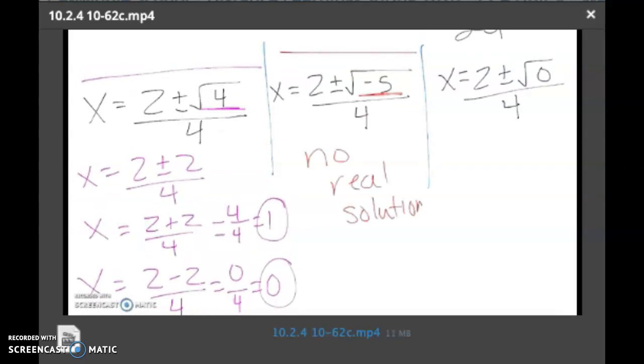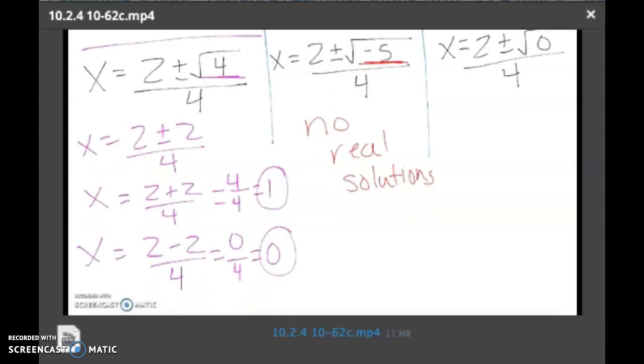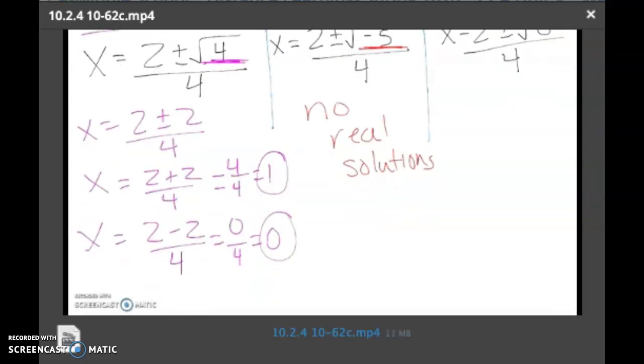And I should be able to see that by whatever number is under the square root there. If that number ends up being a negative number, then right away I will know that there are 0 solutions. Whereas in the first problem, since this number under the square root was a positive number, we had 2 solutions.